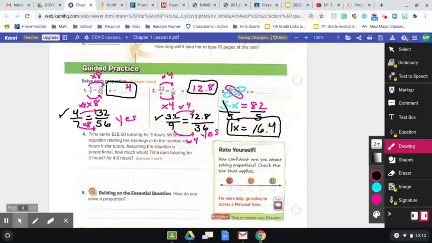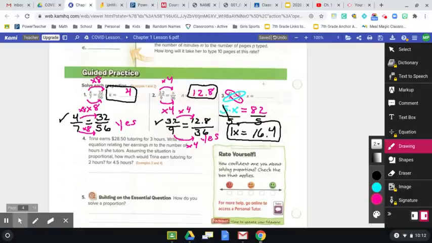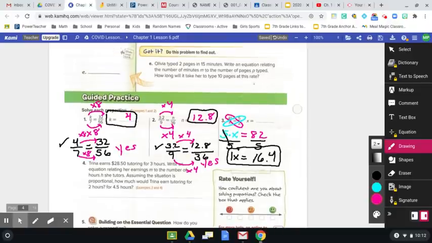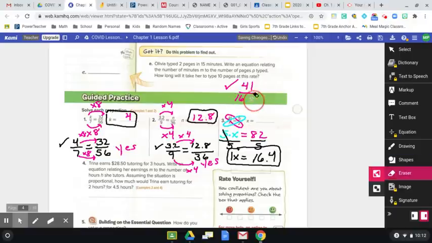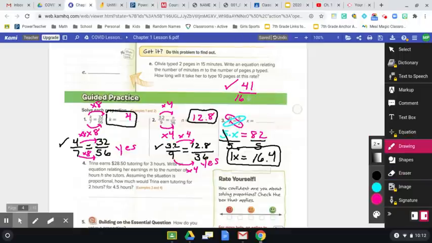All right, we're going to double check this one also one more time. So I'm going to come down. Let's see, we won't do number 4 right now. So actually, you know what? Let's come up here. There's more room. So let's check. 41 over, we just solved for x. We said it was 16.4. Is that going to be equivalent to 5 over 2?